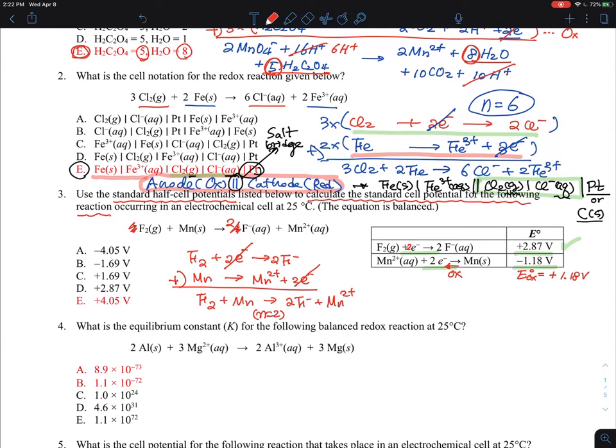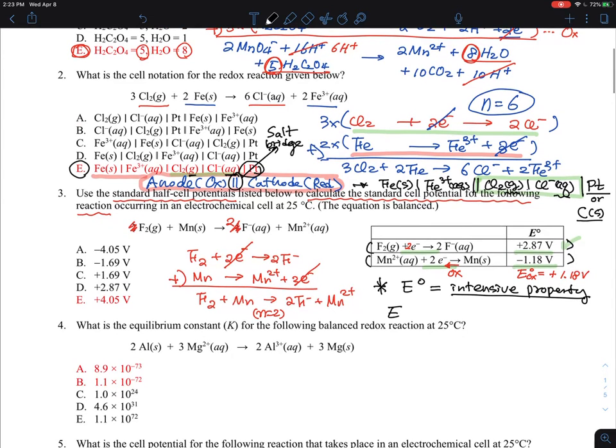But that's not the point of this problem, to have a balanced equation and do the Nernst equation. They essentially ask the central question: reduction potential is an intensive property. So it doesn't matter what multiplication you do to the top equation and the bottom equation, as long as E cell standard is just a reduction and an oxidation that you do.